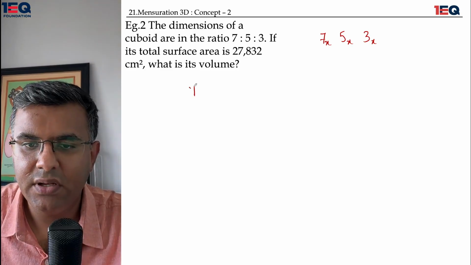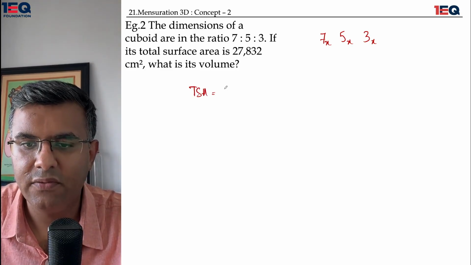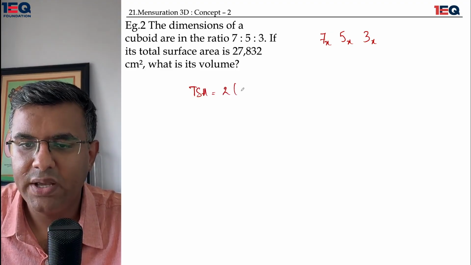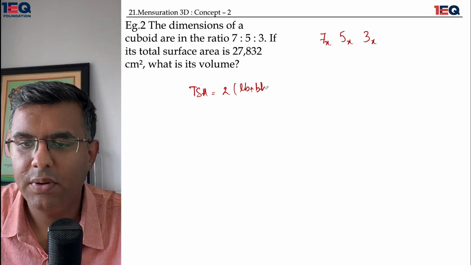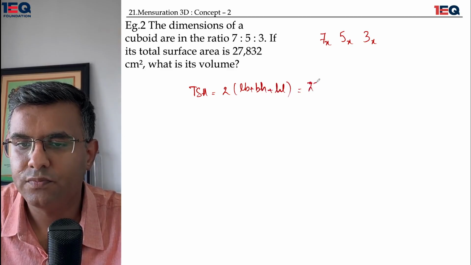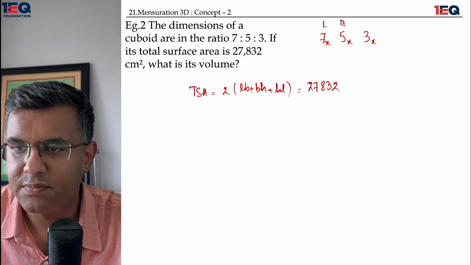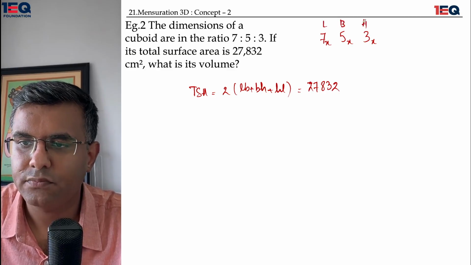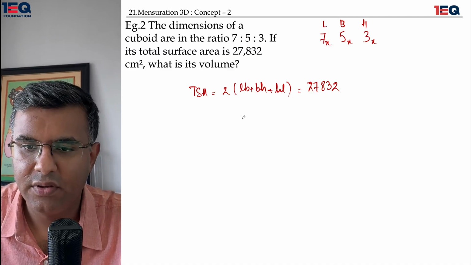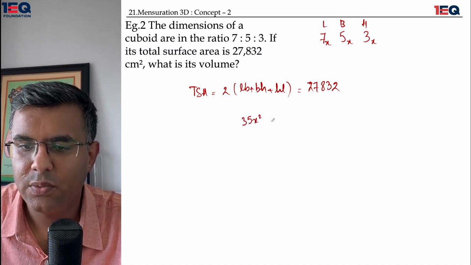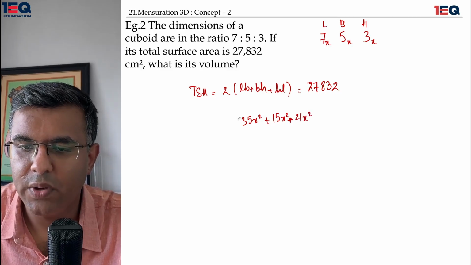The TSA, the total surface area, is given, and the formula of TSA is twice of LB plus BH plus HL. This is equal to 27832. Here, this is L, this is B, this is H. So we have 35x square plus 15x square plus 21x square.